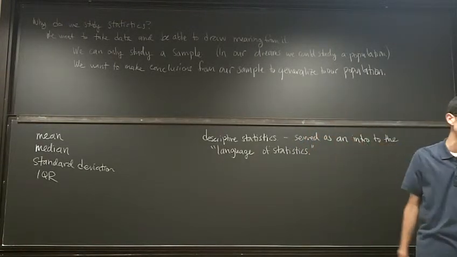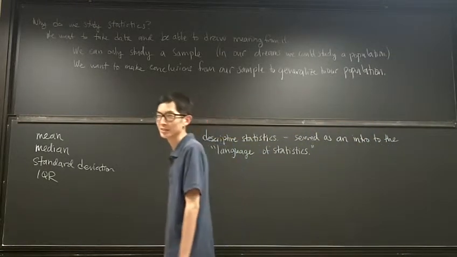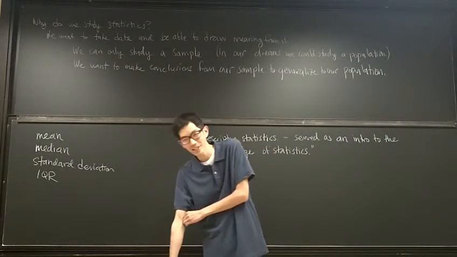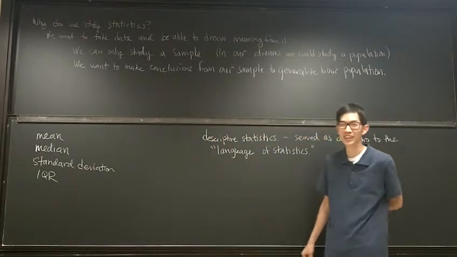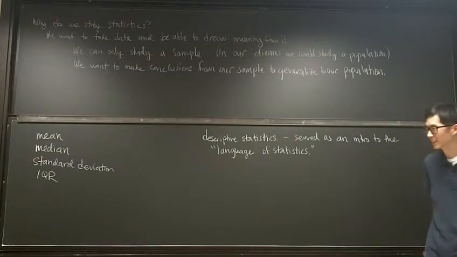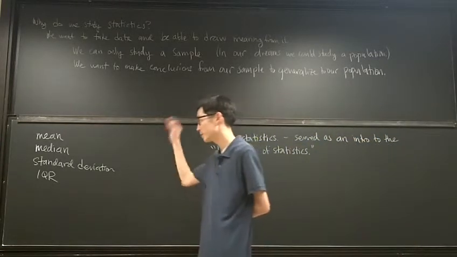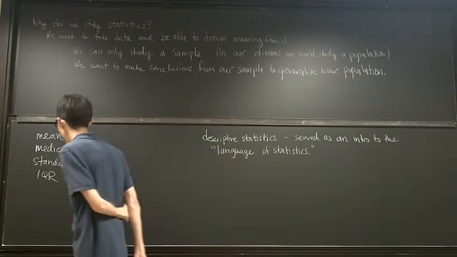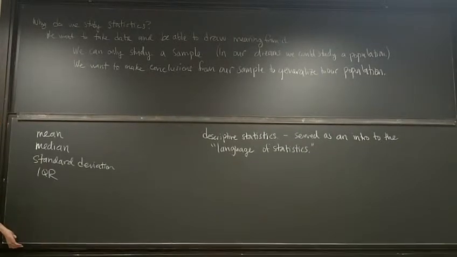Okay. So what is the mean? The average, okay. And what is the average then? The sum divided by the number of observations. That's how we calculate it: we add up all the numbers and divide by however many we have. But why would the mean even be of interest to us?